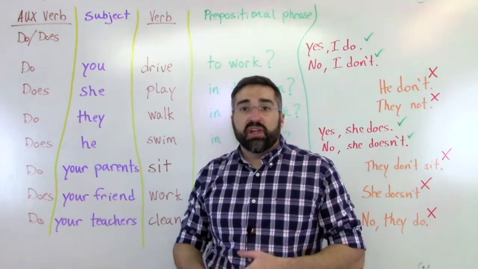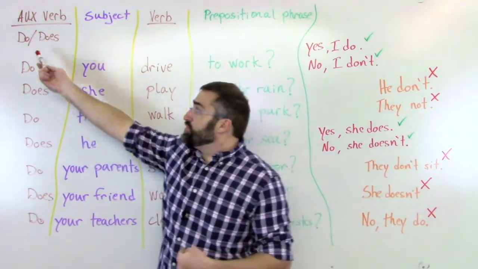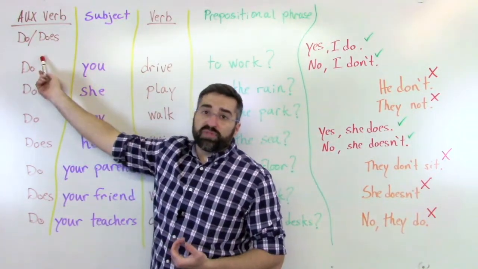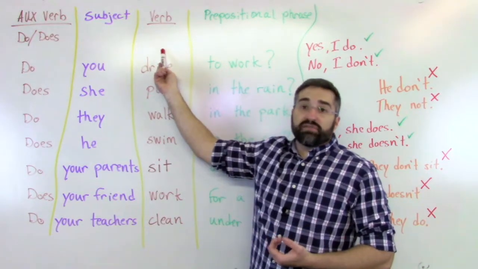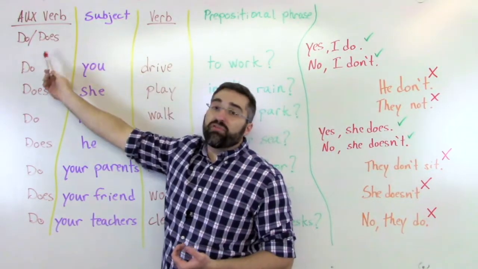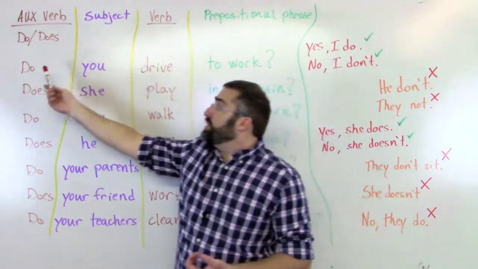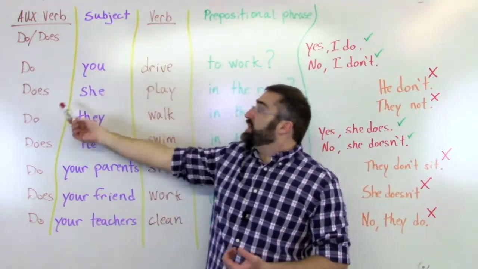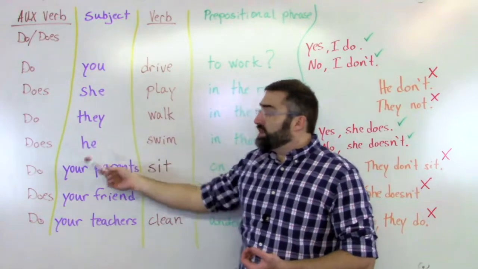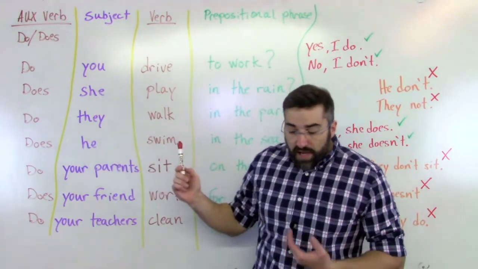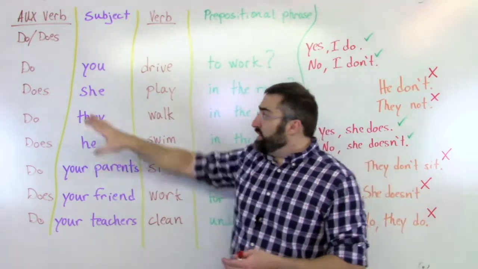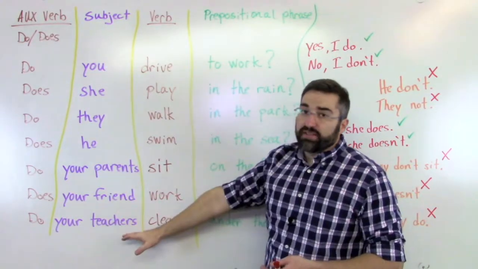It helps the other verb. So do and does helps this verb. So we need to have a verb here and a verb here: do, drive, does, play, do, walk, does, swim. And between them, we have our subjects.